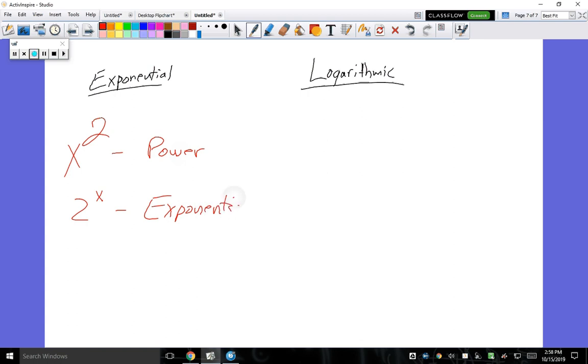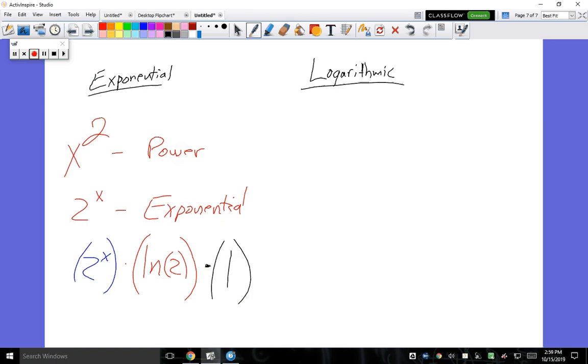And the rule when you have a variable in the power is this: the carbon copy times the natural log of the base times the derivative of the power, which in this case is just 1. So that you understand, with all letters, this is what I gave you in notes, like through text.